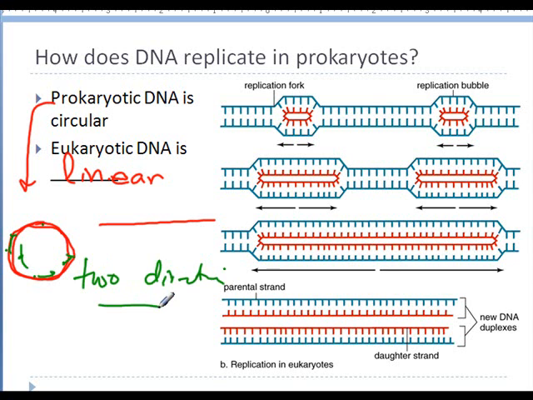However, in the eukaryotes, because the DNA is so long, there are certain regions called replication forks, where replication can take place over here, and over here, and again it's happening in both directions, and eventually the replication forks will meet.